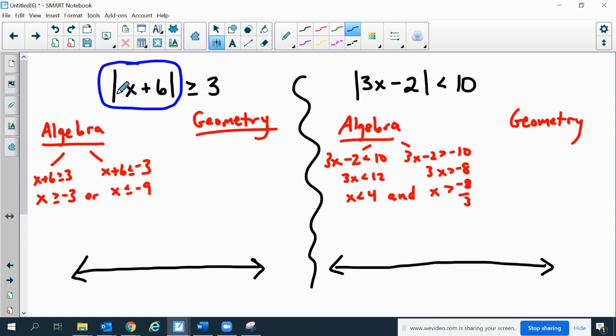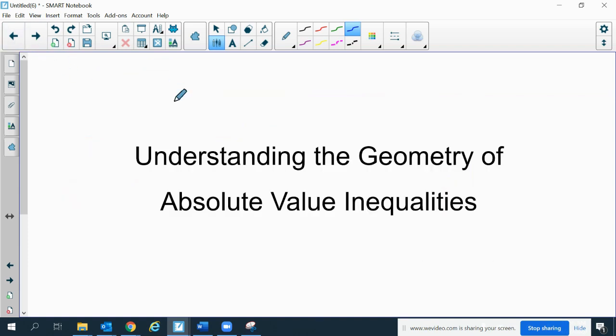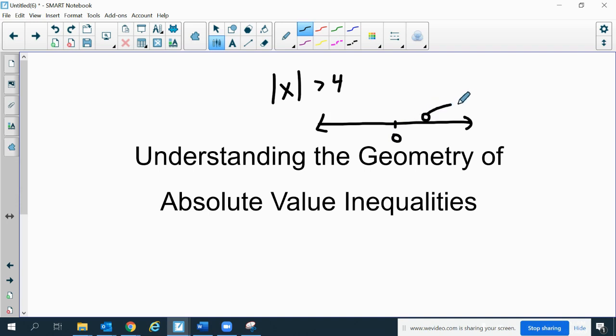So in this case, how we may look at it is if we look at the original understanding of what absolute value is, absolute value of x being a distance greater than 4, for example, when we initially graph that, that essentially means the distance away from the center of the graph, which is 0, must be greater than 4.